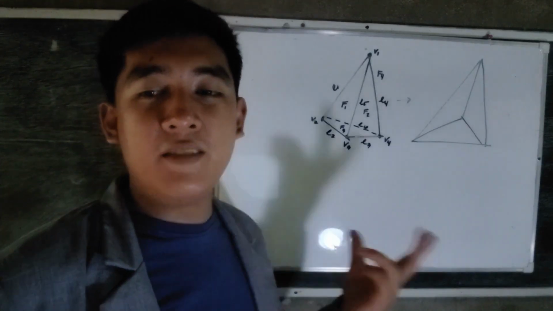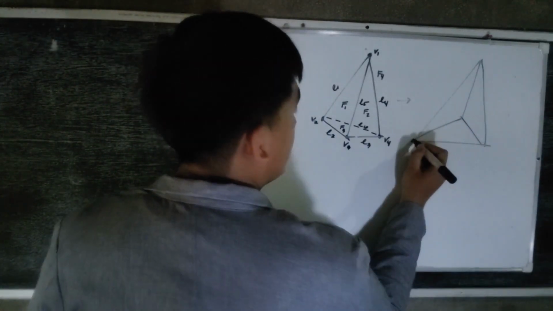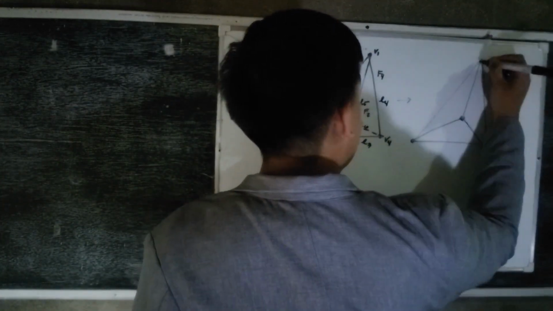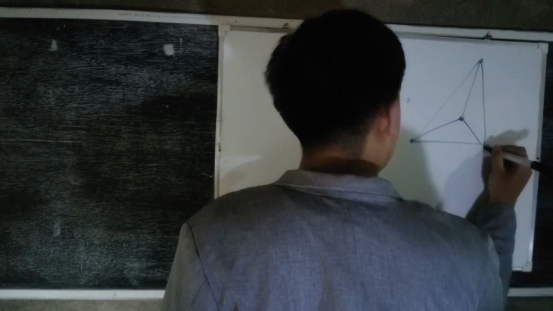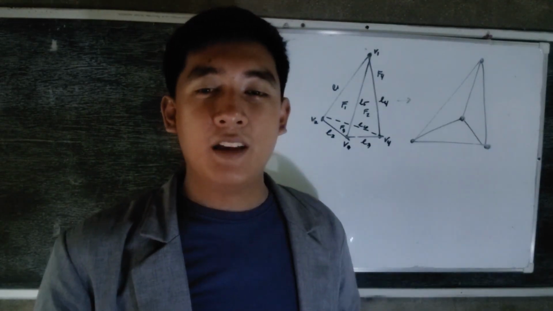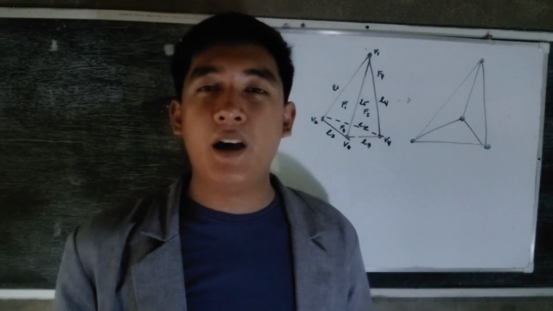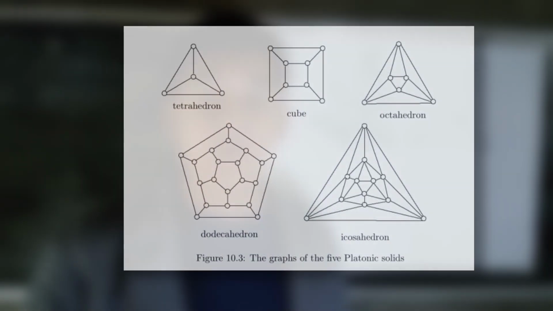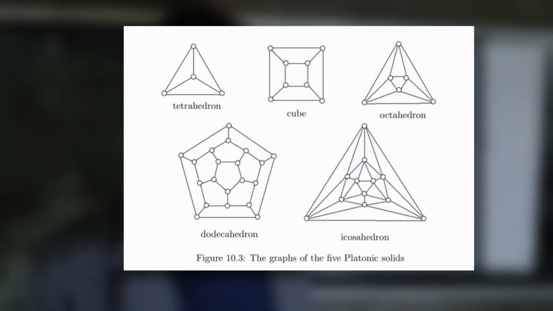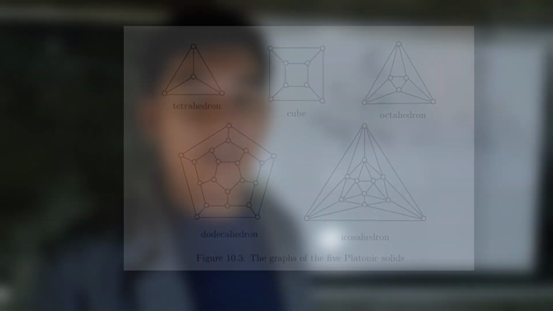If I am to make this into a graph, I'll just have to insert a vertex at each meeting point. And now this is a graph of a tetrahedron. Now, the graphs obtained from the 5 Platonic solids are shown in figure 10.3. Now, we have the cube, the octahedron, the dodecahedron, and then the icosahedron.